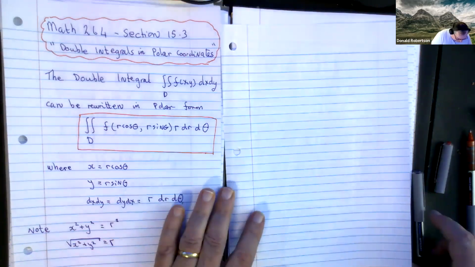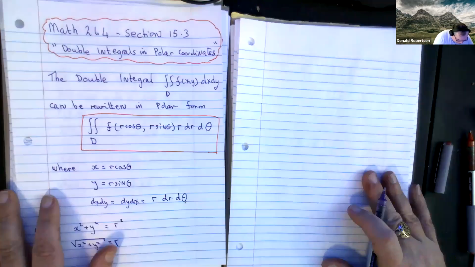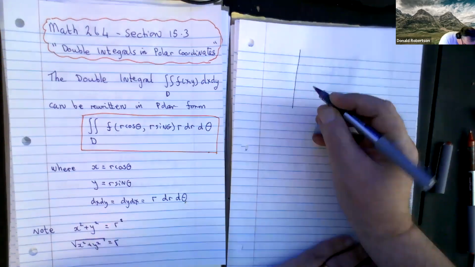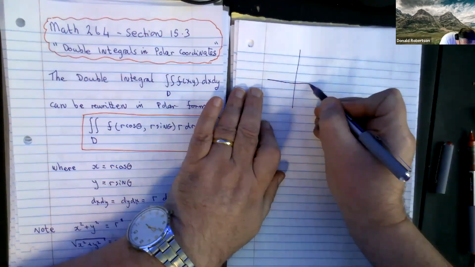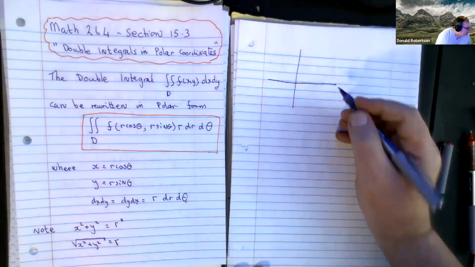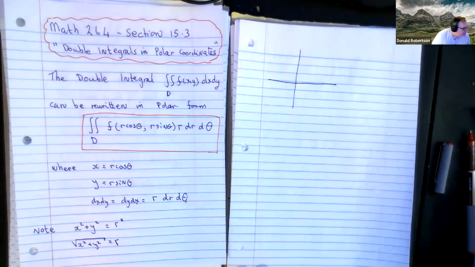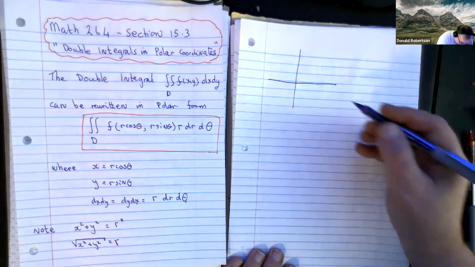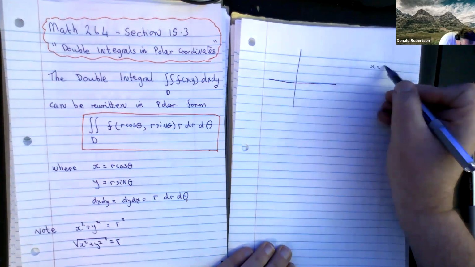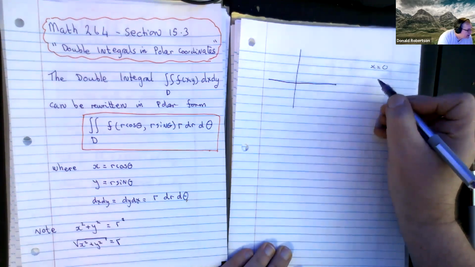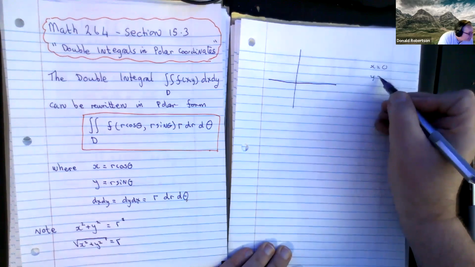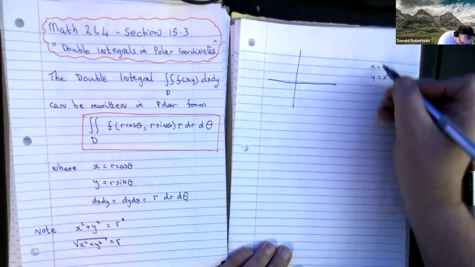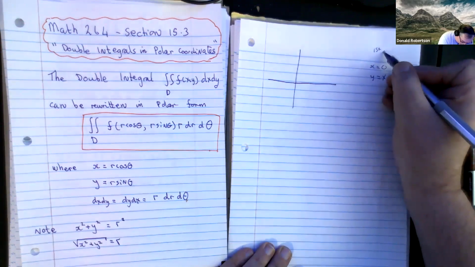So we did, I recollect, yesterday, we did on Monday, I should say, an example of this shape that I'm about to draw. This is a version of question 3, right? And it's a circle, and it has x equals 0 and a line y equals x, and it's in the first quadrant.